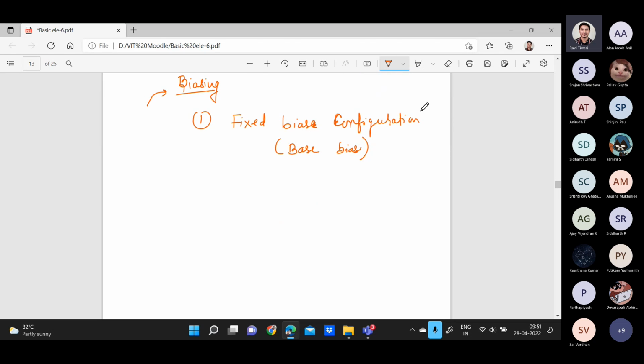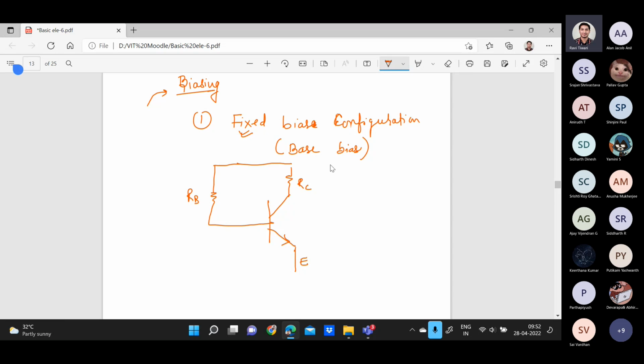Now, if I draw the circuit, I take one BJT, with the emitter and the collector. Always in the collector you will see one resistor, and in the fixed bias configuration you will get one resistance across the base, that is RB.